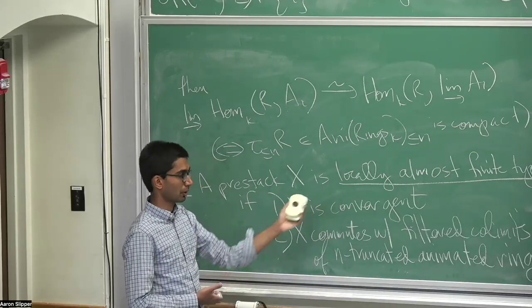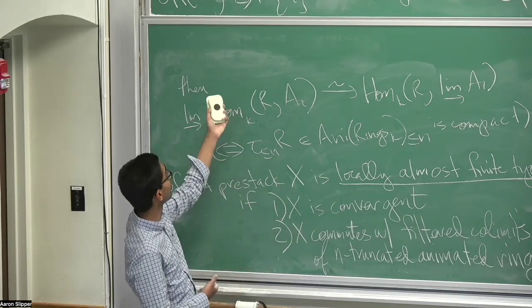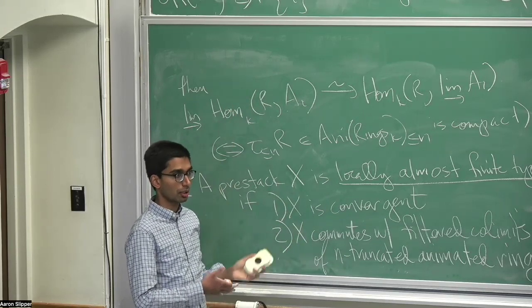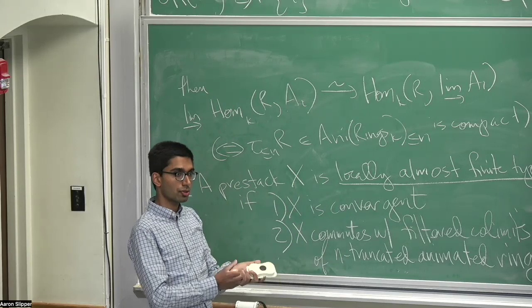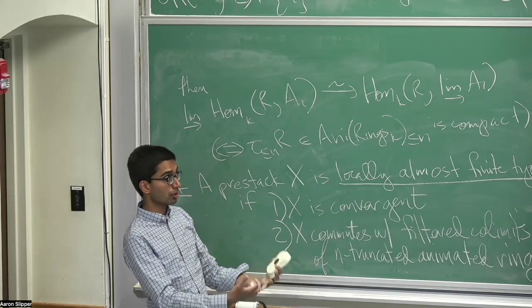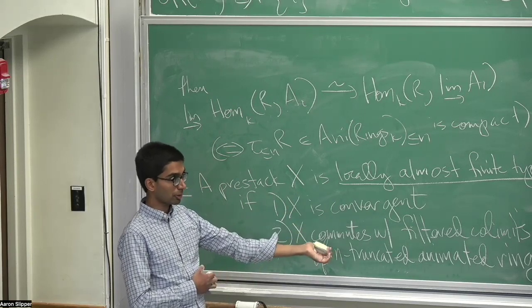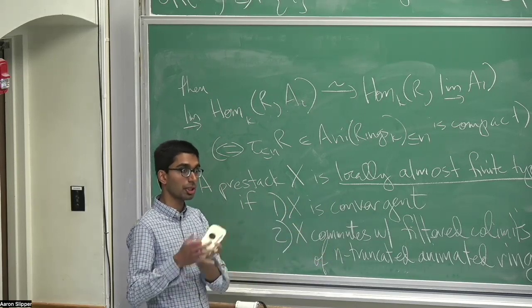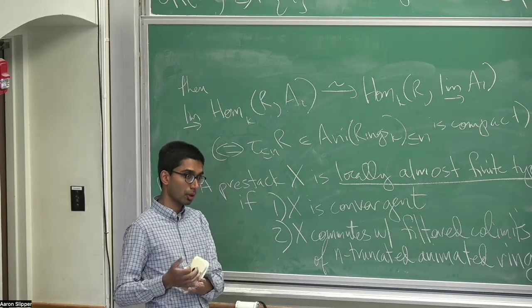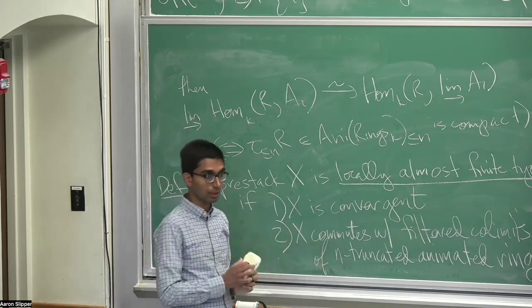Maybe I should write some examples, but the analogy for being almost finitely presented is that if you have a homotopy type, an anima, then you could represent it as a CW complex where you have infinitely many cells in total, but finitely many in each degree.